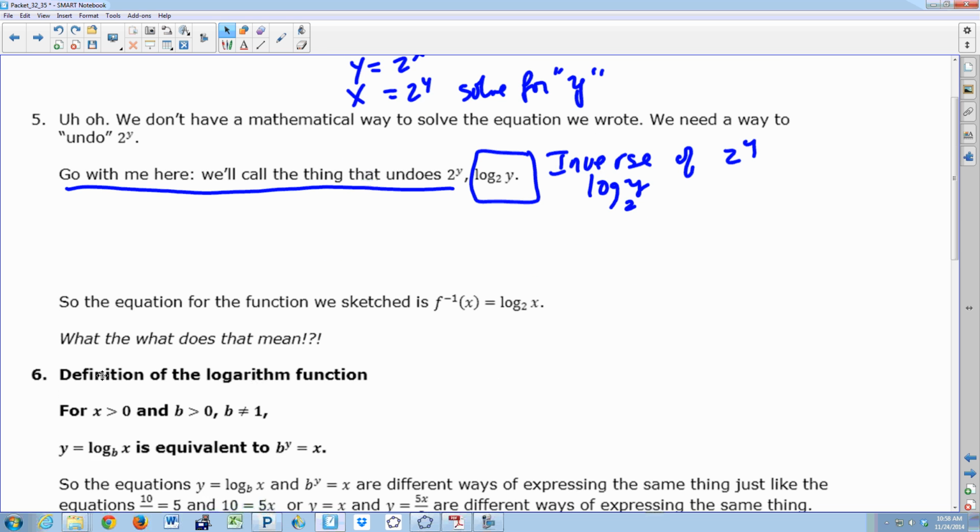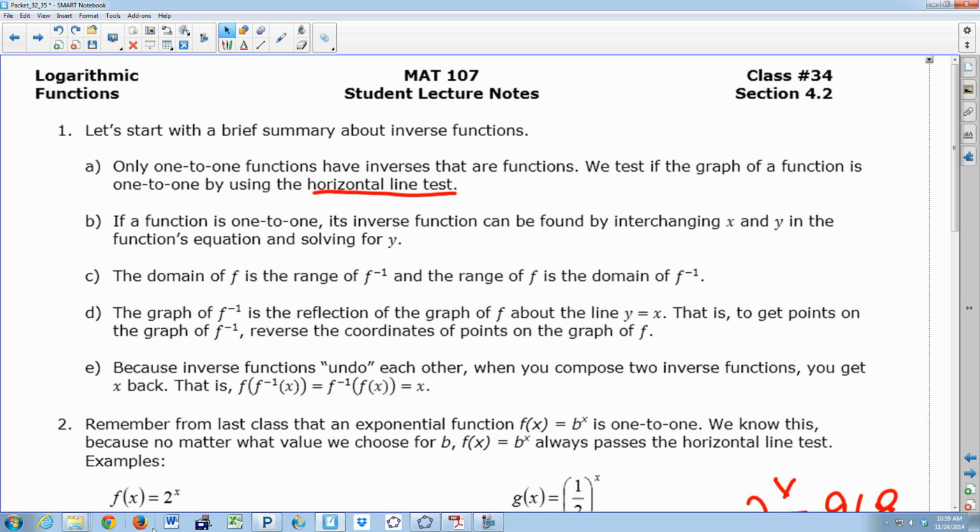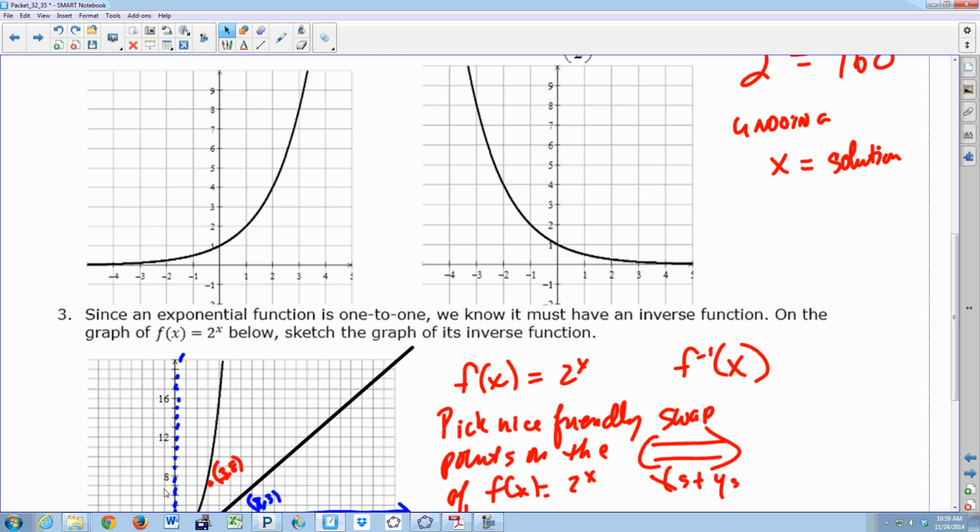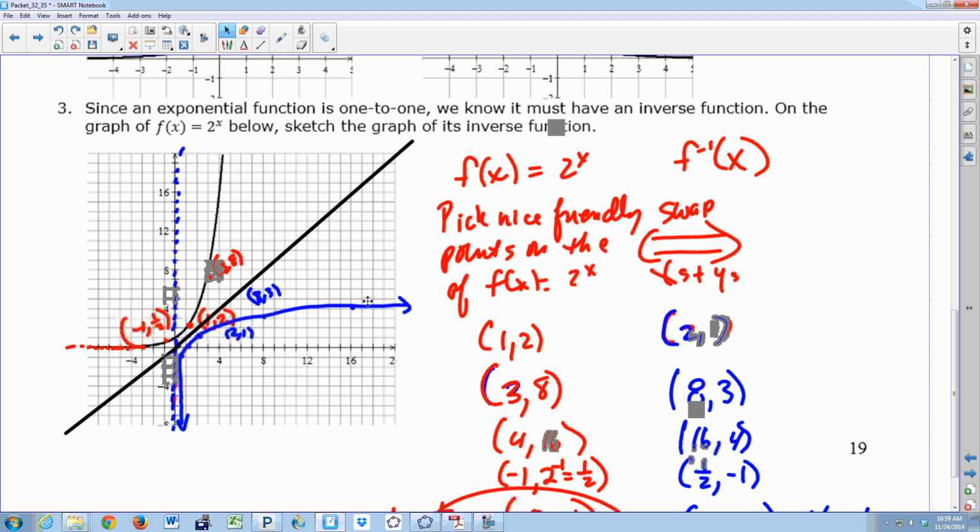So the equation for the function we sketched is f inverse of x equals log base 2 of x. So back here, this function we just graphed is called a log function. And the equation for this function, knowing that it's the inverse of our 2 to the x function, is log base 2 of x.